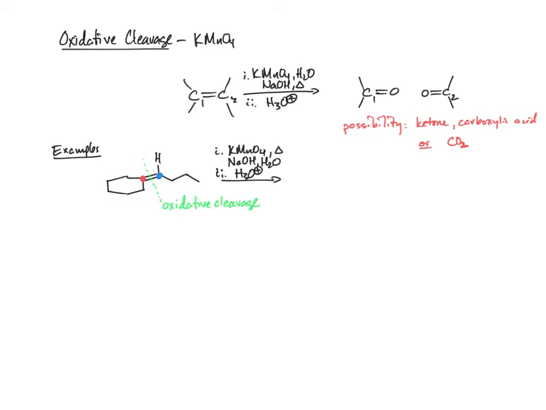We're cleaving. We end up with the western and eastern fragments. The western fragment should be what functional group? If you have carbon-carbon. So Max says ketone, so let's draw that out.